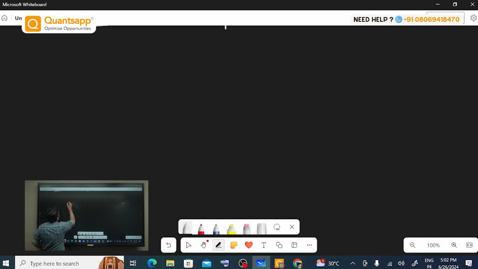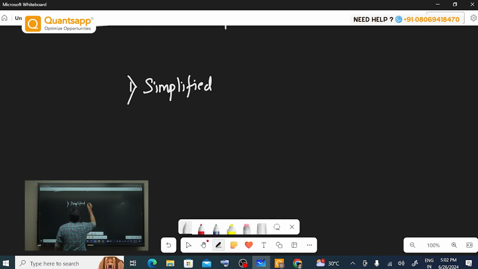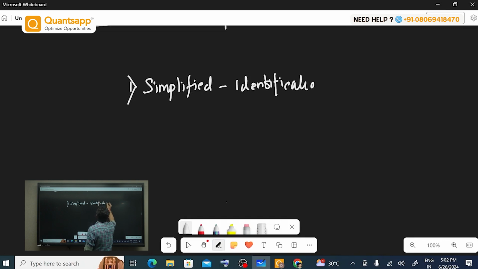It has simplified the identification of the stocks, along with choosing the stocks.